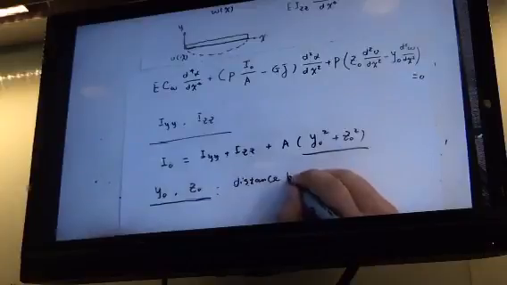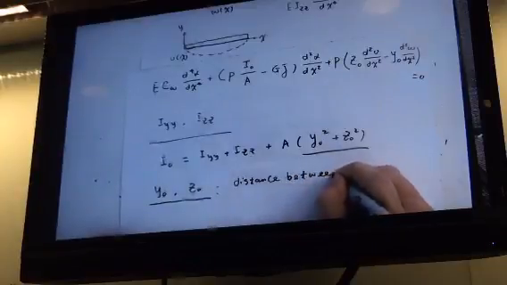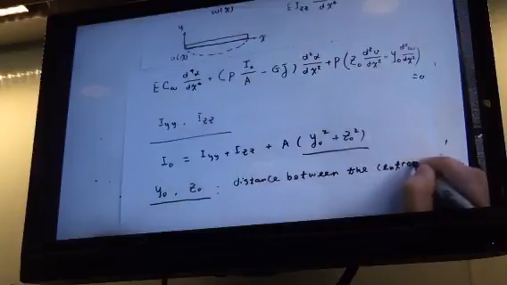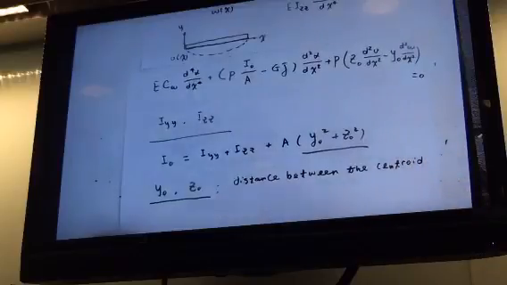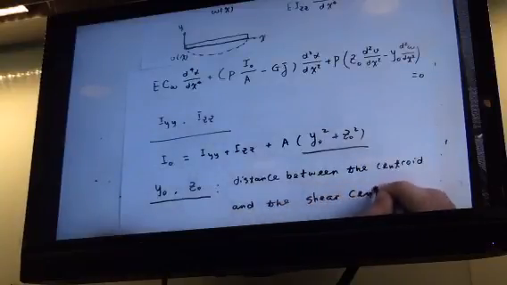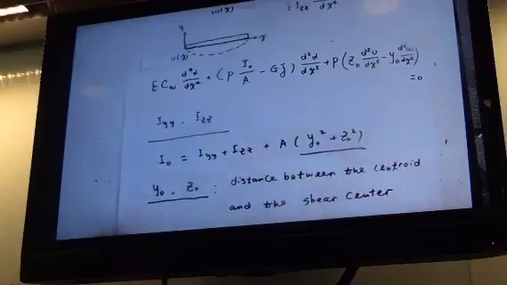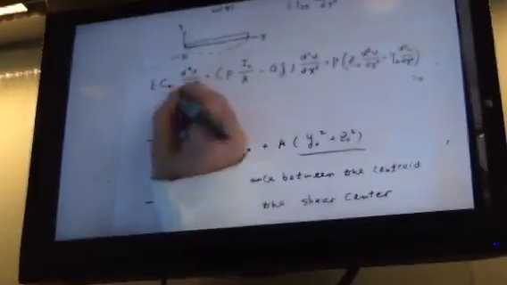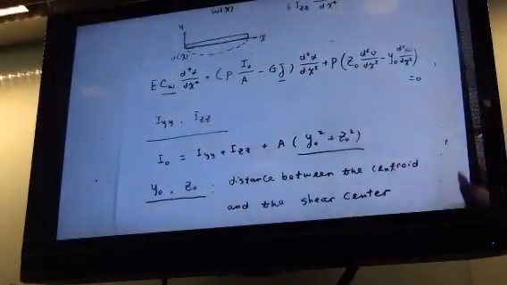Centroid, I mean the centroid of the cross section, and the shear center.